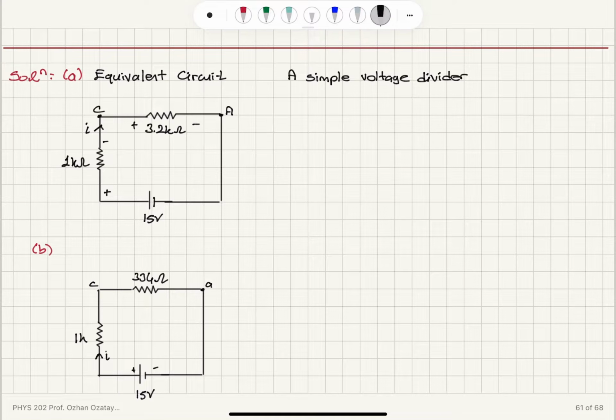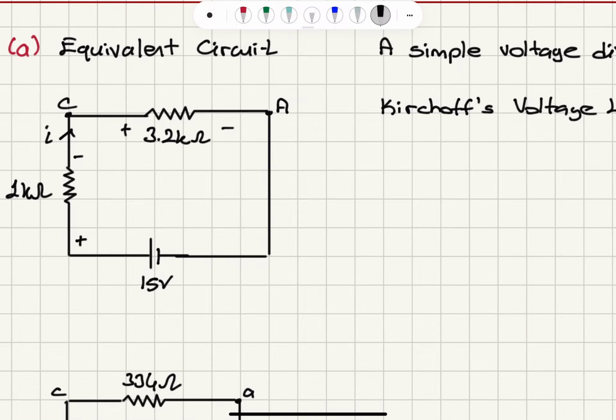So for example, if you apply Kirchhoff's voltage law, KVL, you would see that you have this current I flowing in this loop here. So we have current flowing from plus to minus. I times 1K is the voltage drop. I times 3.2K is the voltage drop.